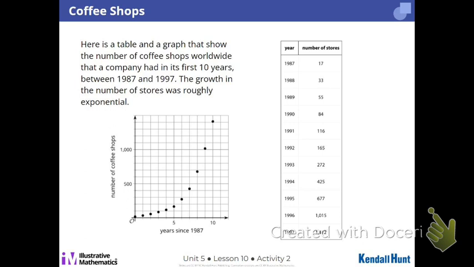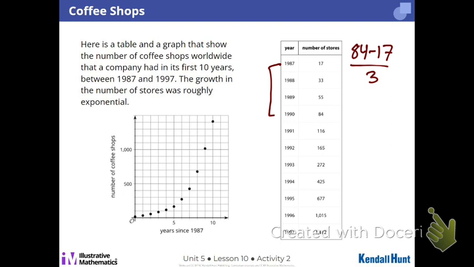The first interval you were asked to find was 87 through 90. So just a visual thing I like to do sometimes, I like to draw a little thing in like that. So I know I'm looking for 87 to 90, and I'm looking for the average rate of change. To find how the number of stores changed, I'm going to do 84 minus 17. Everybody good with that? And that's over how many years? 3 years.